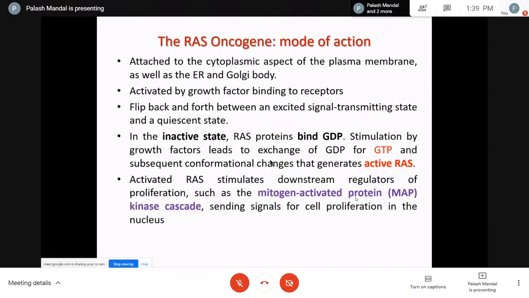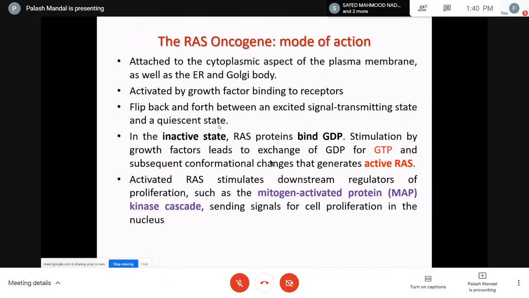So once it is activated by growth factor, what it normally does is flip back and forth between an excited signal transmitting state and a quiescent state. Quiescent means this quiet state. Okay.